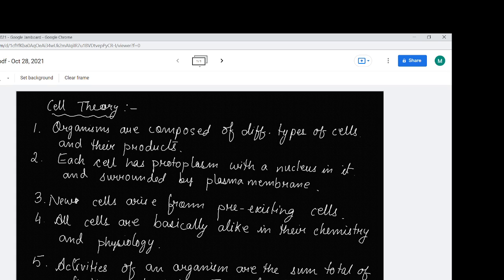So whatever activity is performed by the cells, those activities will be reflected in the whole organism.